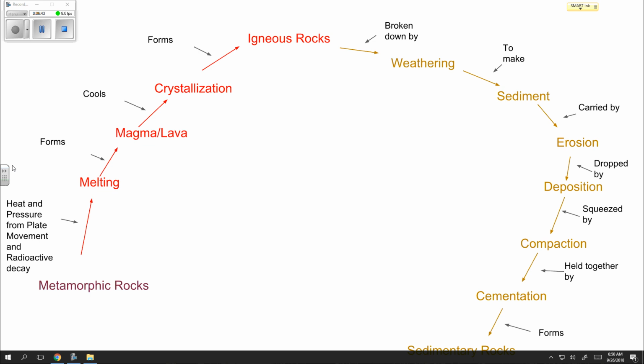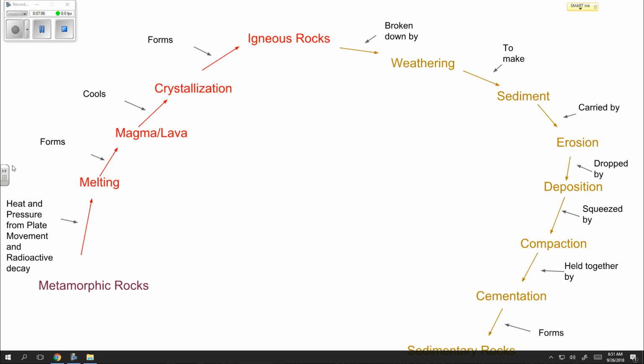As more and more of that material is deposited, that sediment is going to be squeezed by what's known as compaction. That compaction is going to squeeze the spaces out, squeeze most of the water out from between those sediments.